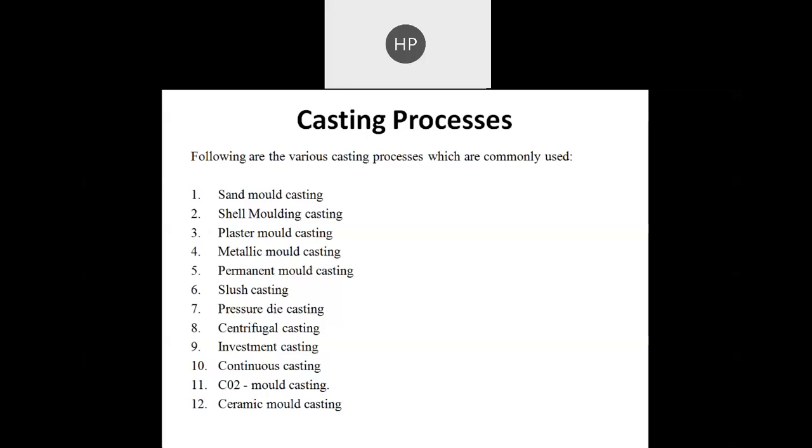And in the last few lectures, we have been talking about the gating system. The gating system has 5 components: pouring basin, sprue, runner, gate, and riser. In gate, we have seen different types of gate like parting line gate, top gate, bottom gate, and side gates.